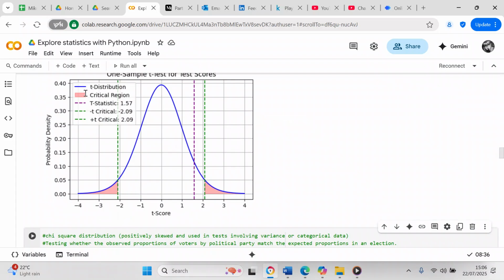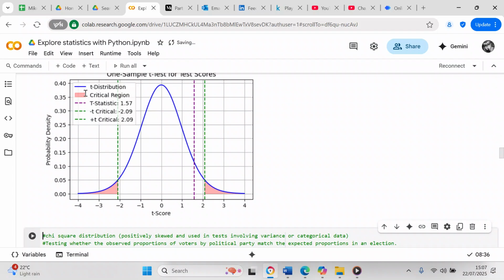Your t-distribution is the blue curve. Your critical region is in the pink. So if it was a one sample t-test, the critical region would be larger, but it would be on only one side of the curve. And it said at the beginning of the program that it was a two sample. So I think that was just a bug in the code.